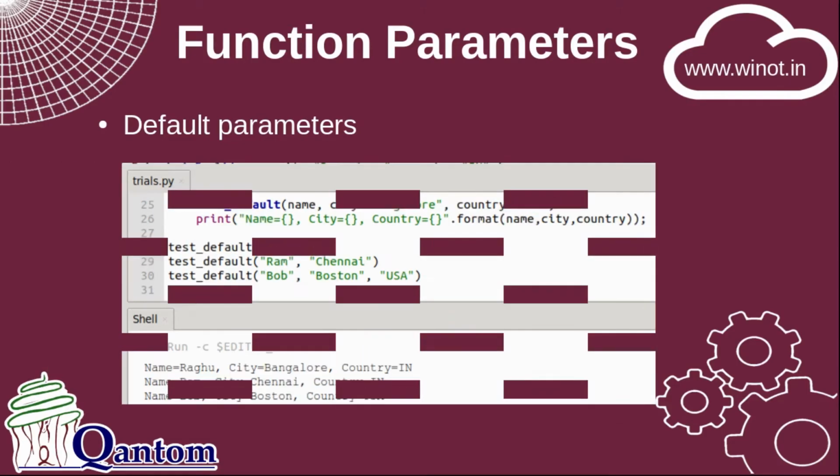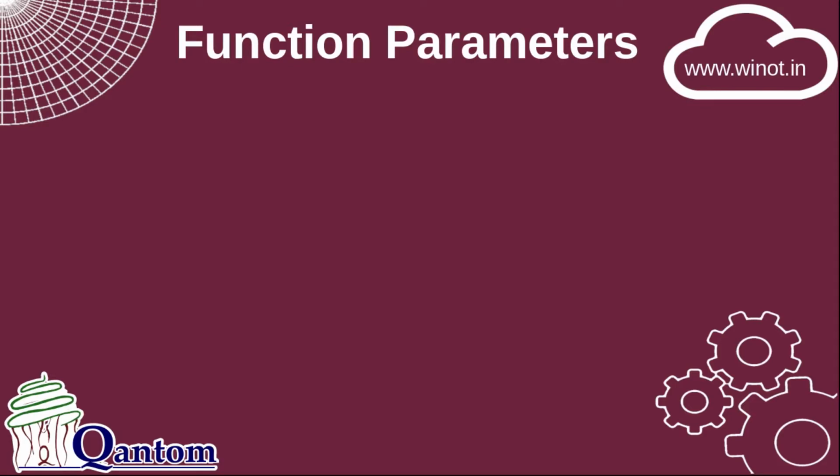The next is the keyword parameters. All along, while defining parameters for functions, we gave names to the parameters. For example, def add(n1, n2). Imagine that the function has 10 parameters. Then when you call these functions, you'll need to remember the order of all the parameters and pass them in the correct order.